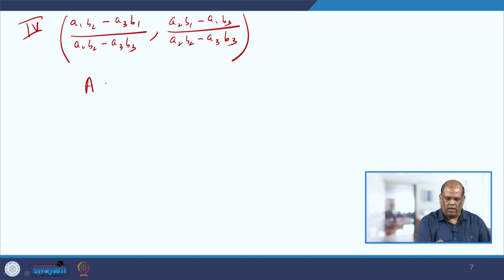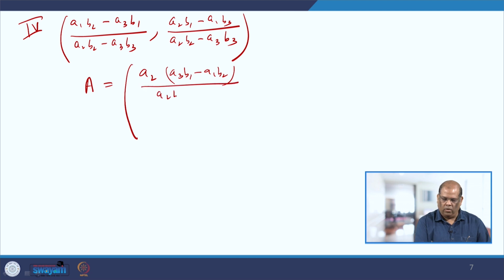You take that A, you substitute the values x star and y star, and after simplification you will get something like this: A2 times (A3 B1 minus A1 B2) divided by (A2 B2 minus A3 B3). This is A3 into (A3 B1 minus A1 B2).